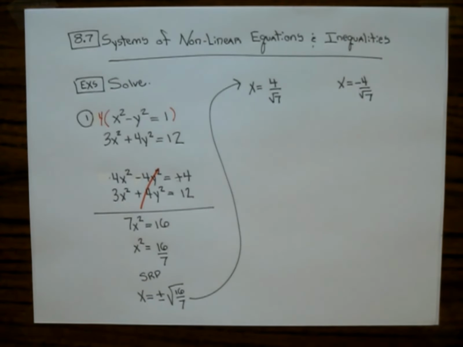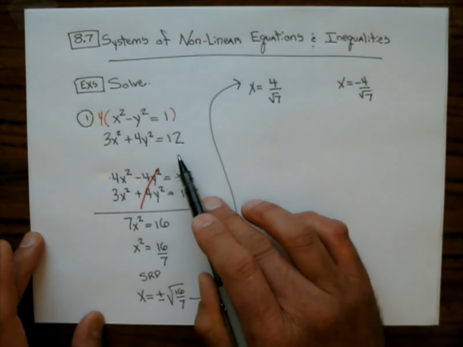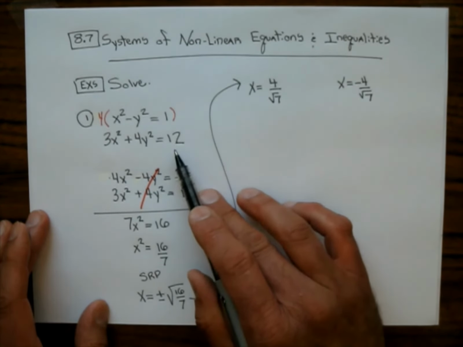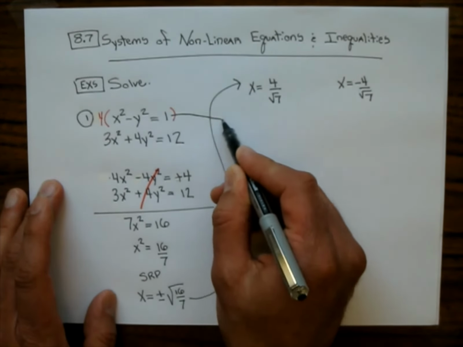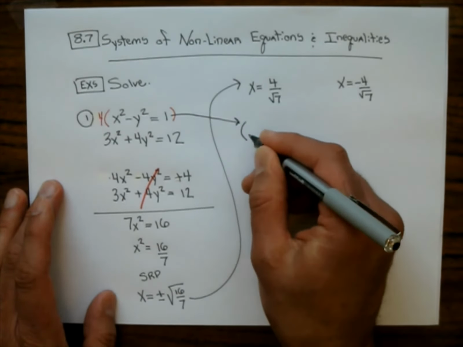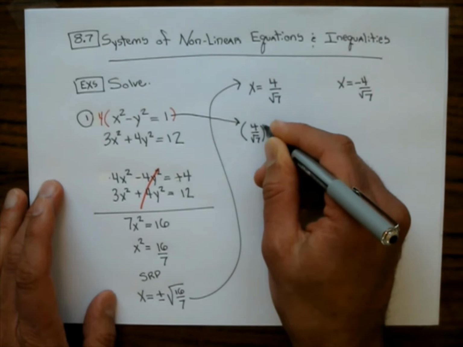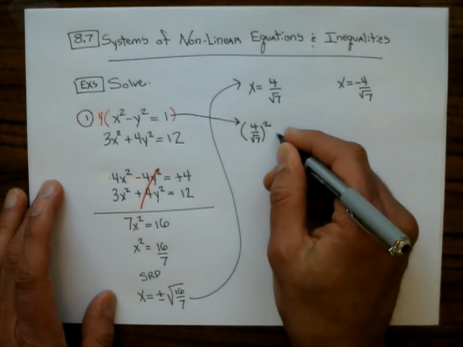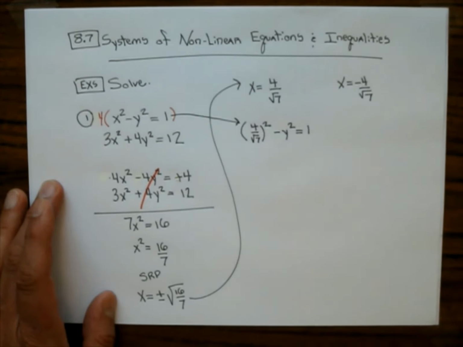So how am I going to finish off this problem? I'm going to plug x into one of these equations. A good rule of thumb is to plug it into the simpler equation, the one with smaller numbers, maybe this top equation here. So this says x squared minus y squared equals 1.